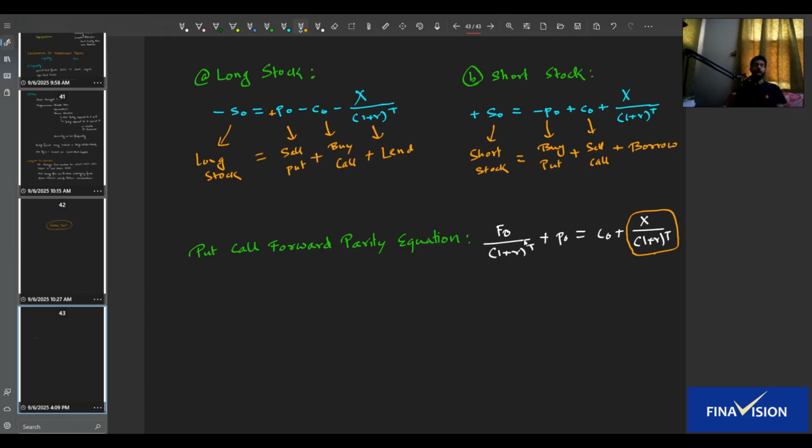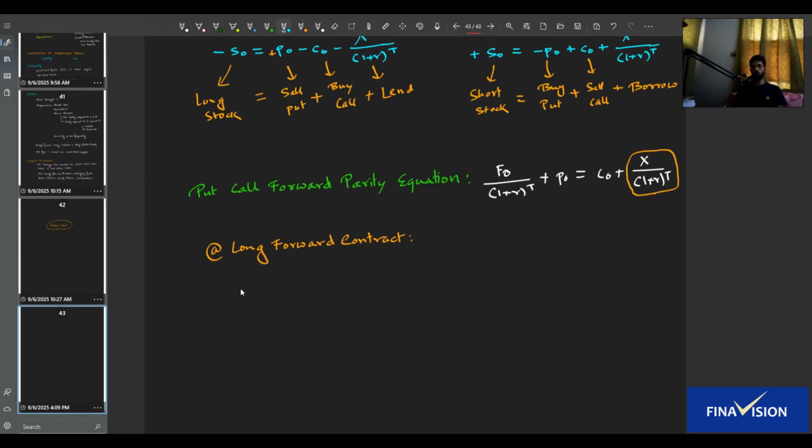So here, how would we create a long forward position or a short forward position? That is a long forward contract or a short forward contract. Let's see. A long forward contract means there is going to be a cash outflow at time T, which means right now we calculate the negative of the present value of the forward contract, right?